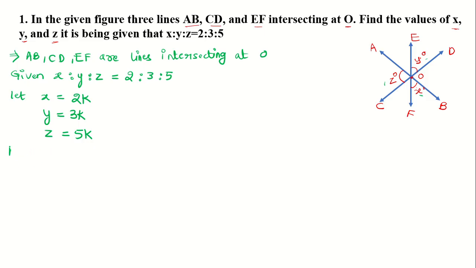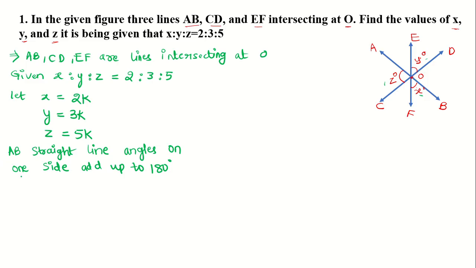Since AB is a straight line, angles on one side add up to 180 degrees from linear pair of angles. Now, as we can see here, x, y, z are not adjacent to each other, means they are not side by side to each other.